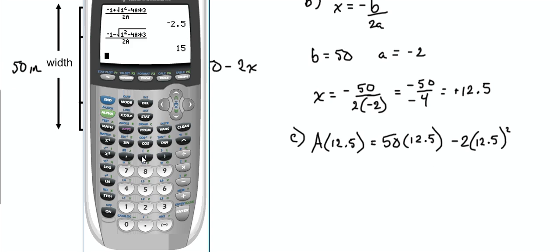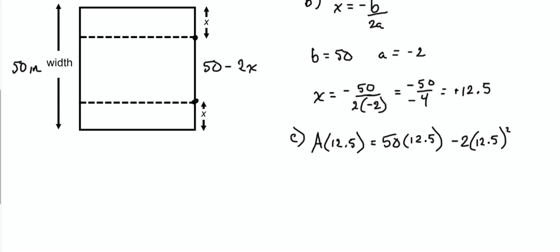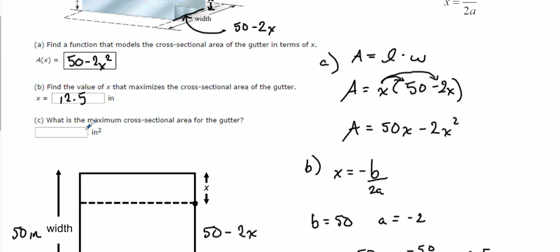Okay, and we're going to go right back to the calculator here. So 50 times 12.5 minus 2 times 12.5 squared. And we get 312.5. So our area is going to be 312.5 square inches.